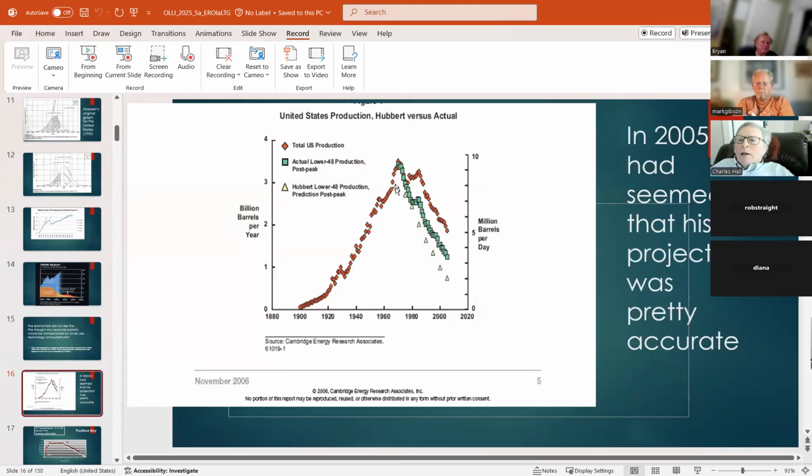Well, here is the actual, Hubbert's prediction is the yellow, and the green is the U.S. actual oil production for the lower 48. And incidentally, when he made this prediction, Alaska had not been discovered. He said, there might be oil up there, but this is for the lower 48. And boy, it sure seemed like he was damn accurate.